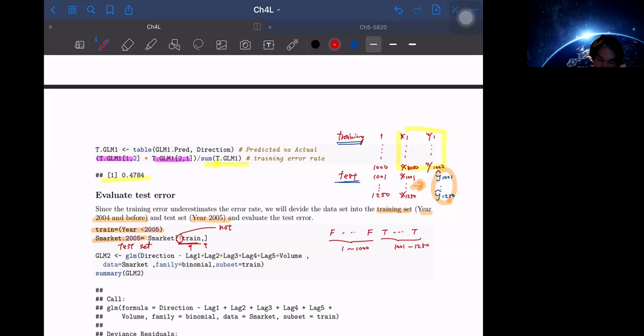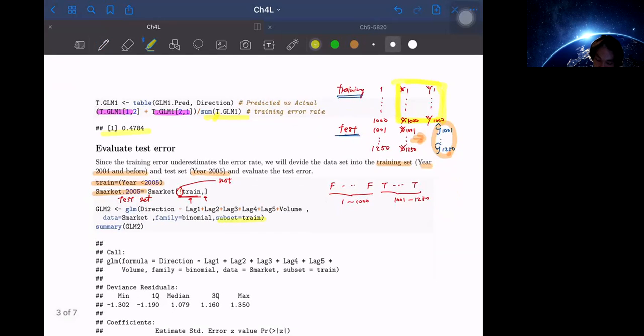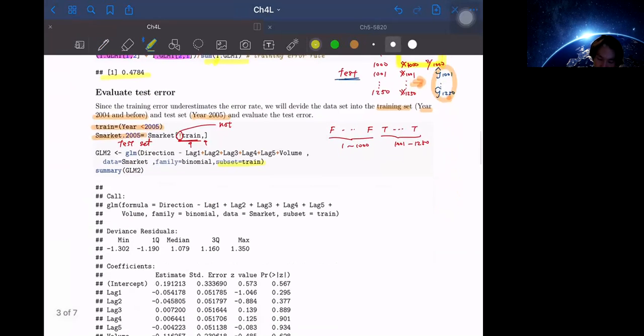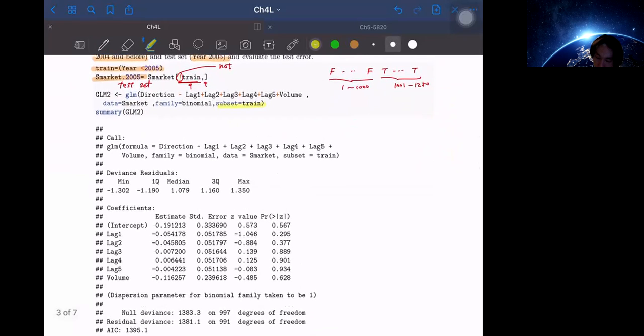So now we can fit the logistic regression with only this training set. Basically the same code, but the subset train is added. Then this is the estimation result. Actually, it's good because these coefficients are similar to the previous ones. I think the lag one had a slightly larger coefficient in the previous regression result.